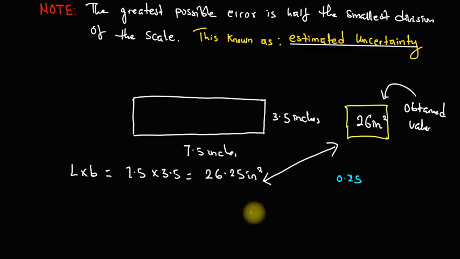So the percentage error is going to be the absolute error all over the actual value times 100, which means percentage error is 0.25 divided by 26.25 times 100, and that's going to give us, wow, that's a very small error.